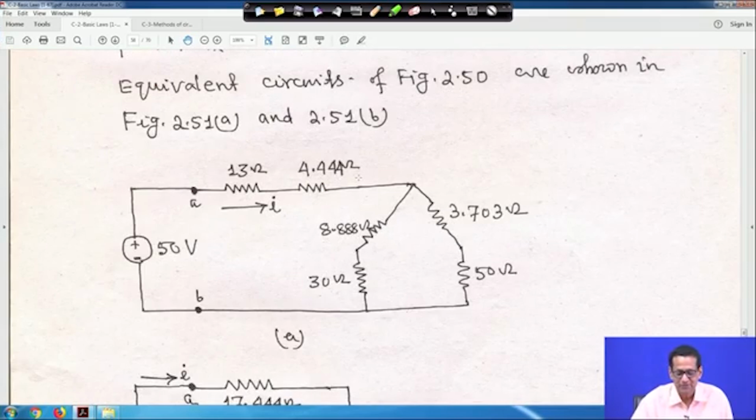So, 4.44 will come, say it is your R1. So, this is after delta to star conversion, and the other two parts are 8.888 and 3.703. So, this 4.44 will be in series with 13, this will be in series with 30, and this will be in series with 50. Please do it on your own.